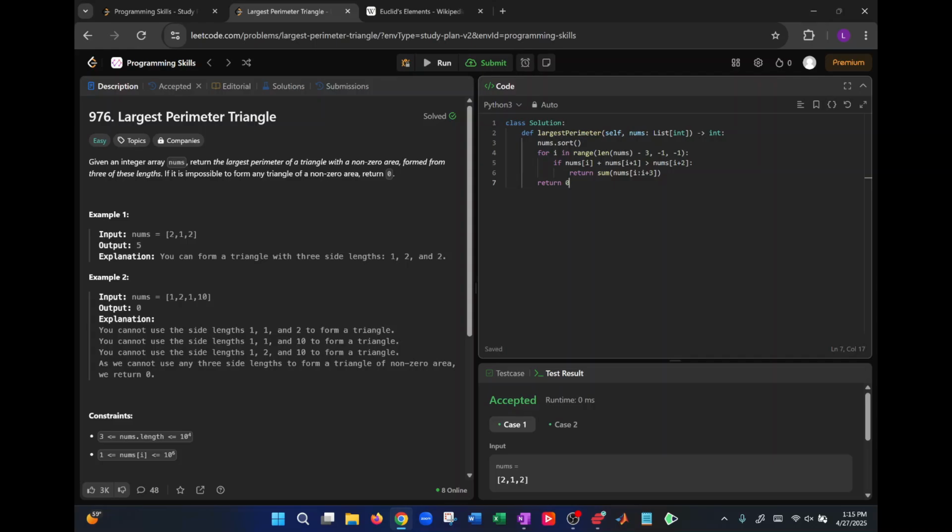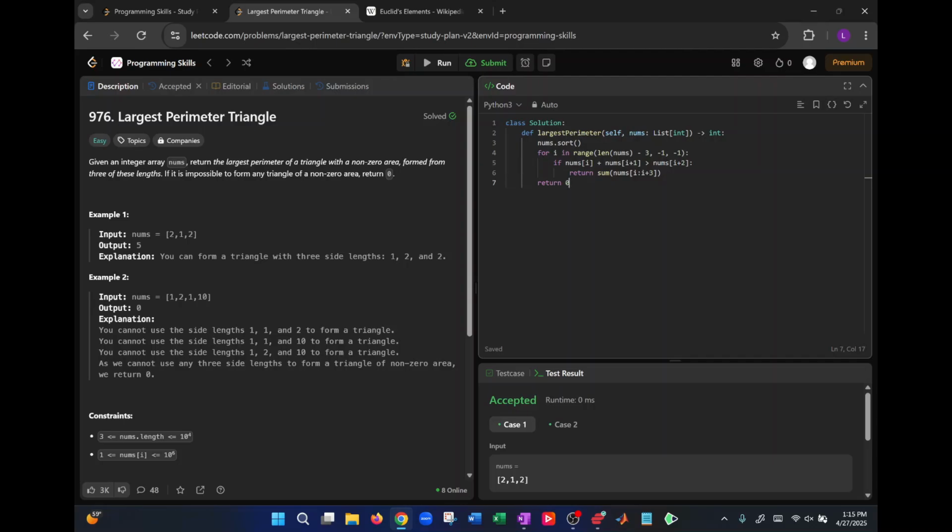Because if we've gone all the way through the array and have not found a triple of adjacent indices that gives us a valid triangle, then there's no triangles that can be formed. And so then we will return 0.